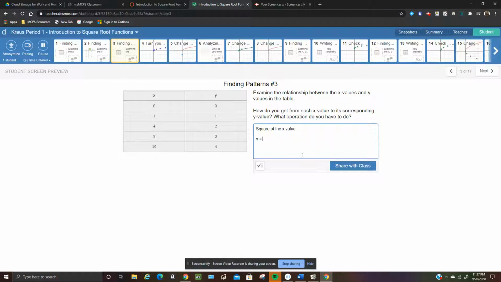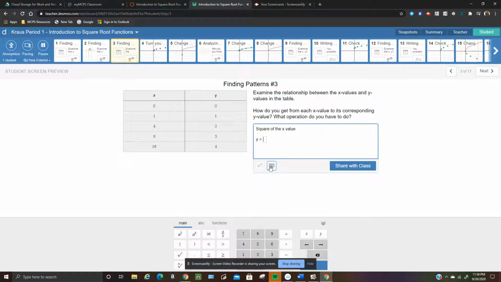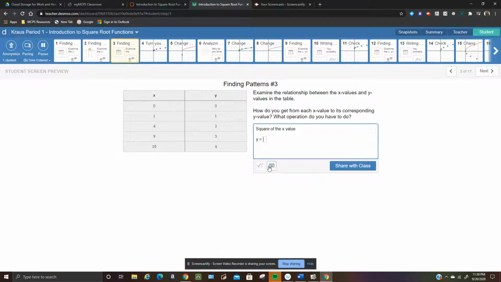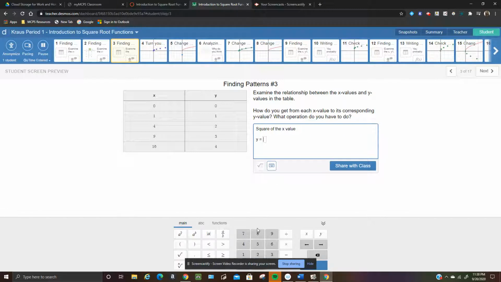Y equals square root of x. Oh, delete one of those x's.